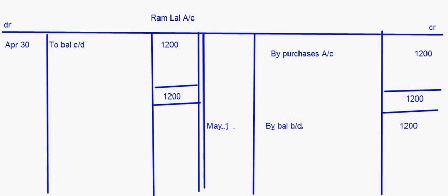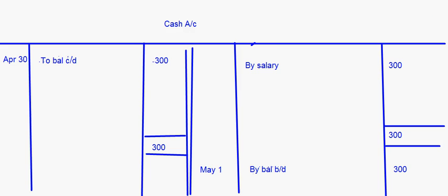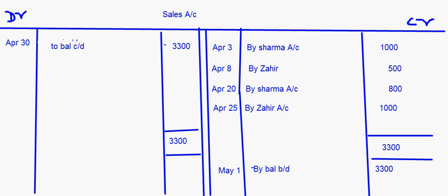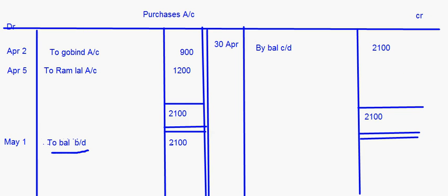So let's start from the purchases account. So here the first one is the purchases account. You see that the purchases account has got a debit balance of 2100, right? It comes on the debit side, the opening balance, I mean to balance brought down, this is 2100, right?